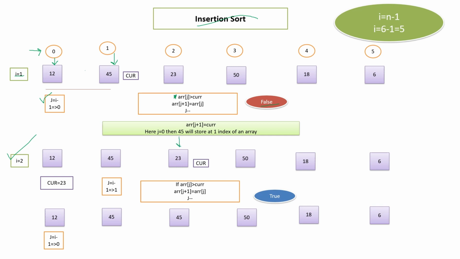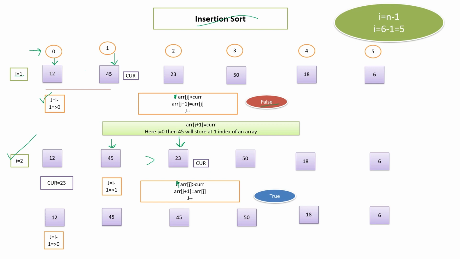When i equals 2, our current variable will point at the second indexed element, which is 23, and j will be i minus 1. Here i is 2, so j will point to 45, and we find that our current element is smaller than the jth element. Then we enter the while loop, and we set array j plus 1 equal to array j.